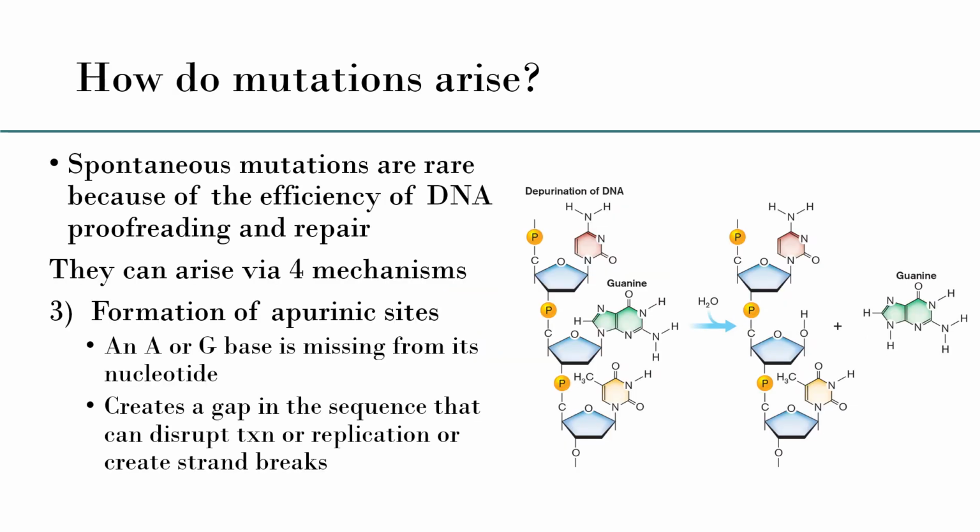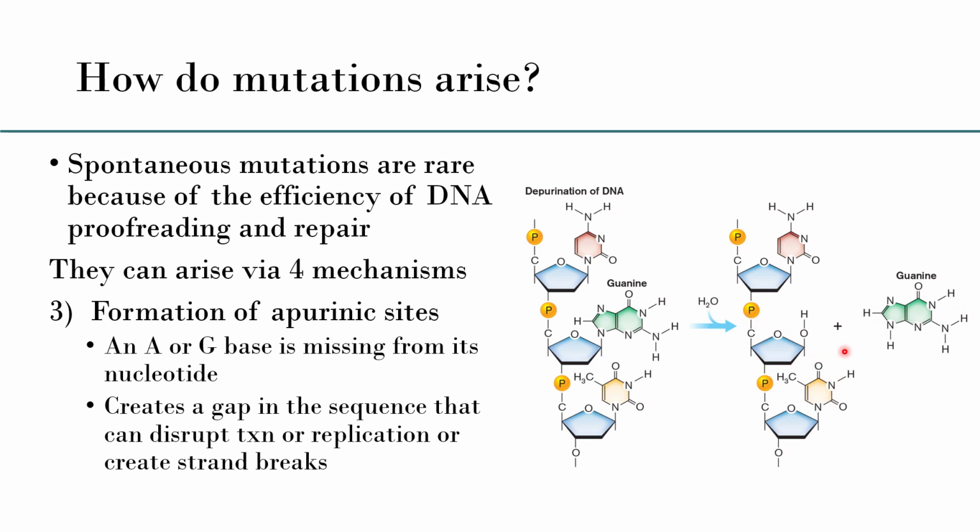The third mechanism is the formation of apurinic sites. Remember that A means not or against. So this is a not purine anymore. What this means is, with our A and G bases, you have the phosphate group, the sugar, and the base. In these events, the actual base portion of the purine gets removed. So you're just left with the backbone pieces, the phosphate and the sugar, with the base removed.